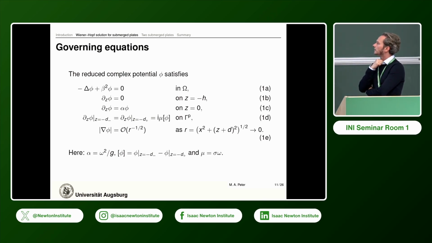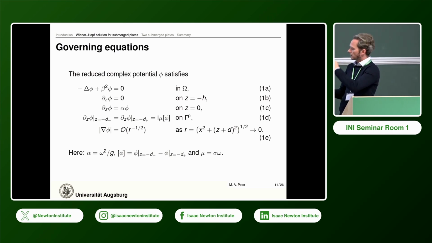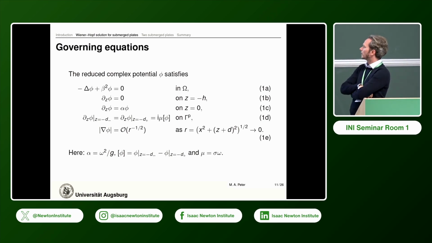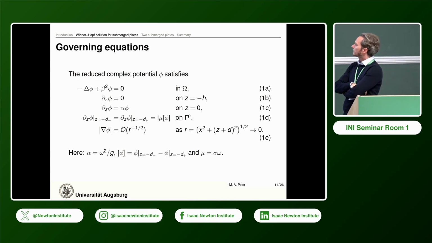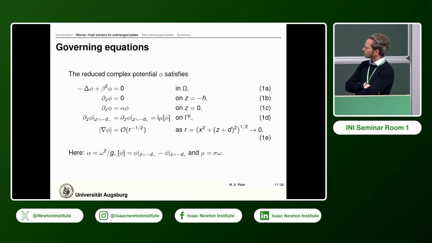That's what I called the open water condition in the introduction. And then at the plate, you have these two conditions: the velocity has to match independently if you look at it from above or below, and that is proportional to this jump term, i mu times the jump of phi across the plate.